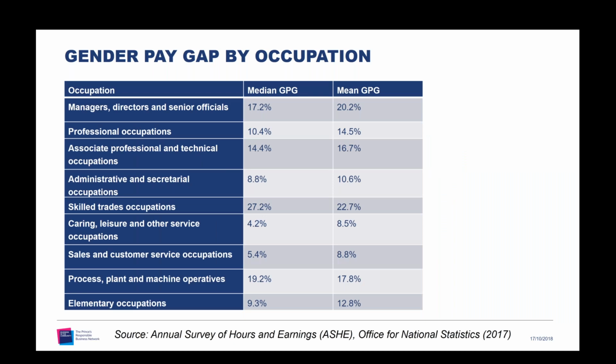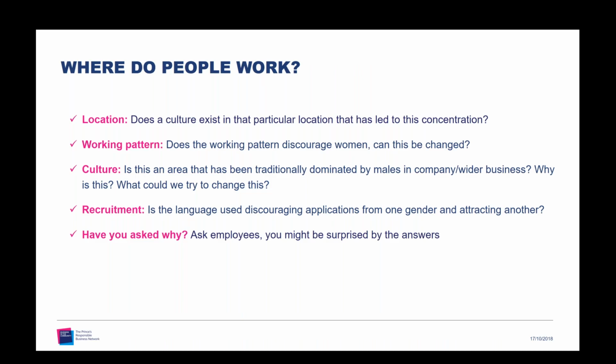Are they mostly concentrated in administrative and secretarial roles? If so, what can you do to attract maybe more men? Or what can you do to attract more women in managerial roles and director and senior official roles? So it can be very useful to do this analysis to find out where women are in your business and if that is equally represented in different occupations.